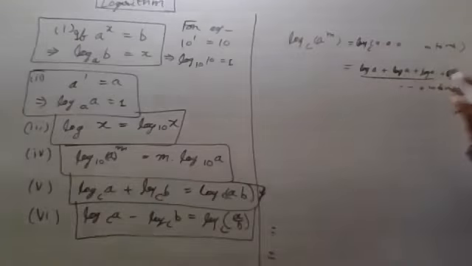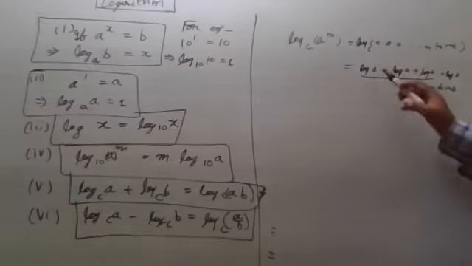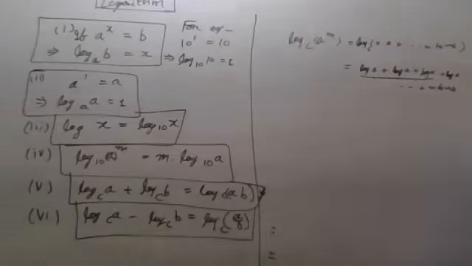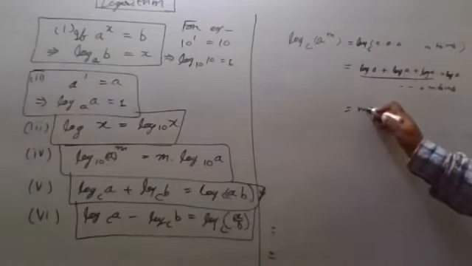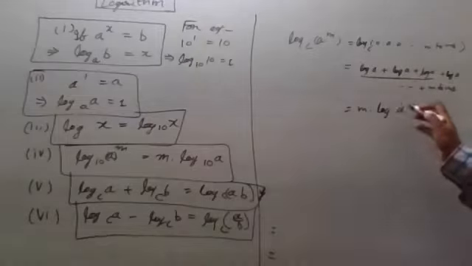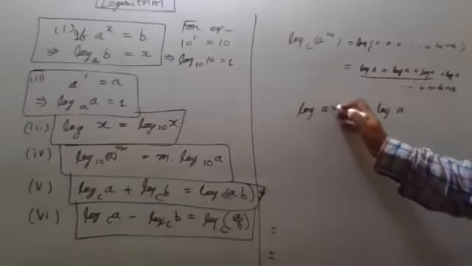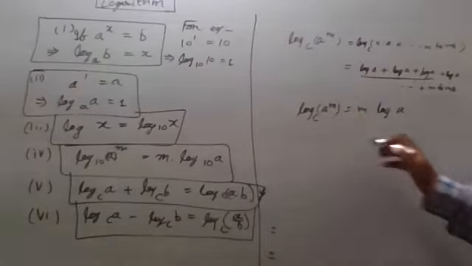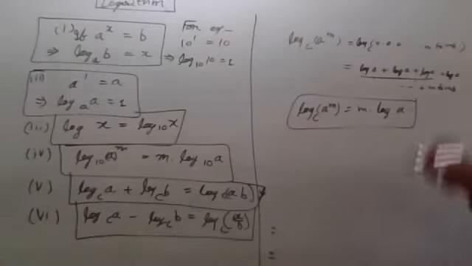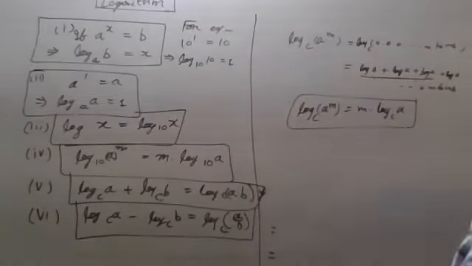Log a plus log a plus log a plus log a is 4 log a. And if we write it m times, then it is m log a. So this is the proof of log a to the power m to the base c equals m log a to the base c. Is that clear to everyone?